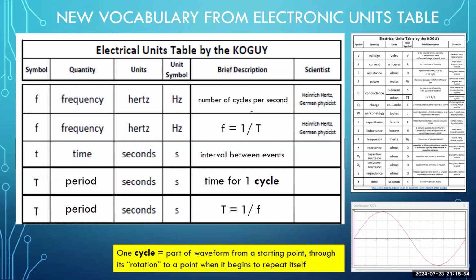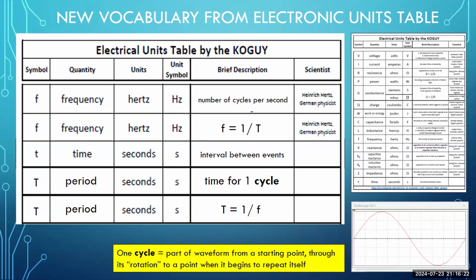Next line, I have frequency repeated. However, in place of the brief definition, I've given you a formula because it has a reciprocal relationship with another quantity further down the electronic units table. So the formula is given as frequency is equal to 1 over capital T. And capital T, you'll see down below, is the symbol for period.